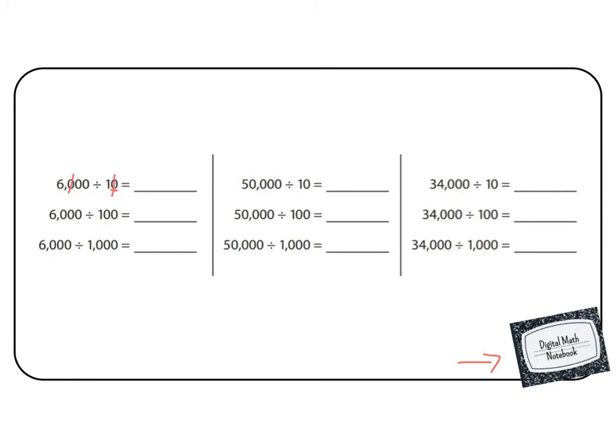That means that I have 2 zeros left, so my answer is going to be 600. Because if I think about how many times 10 goes into 60, so if I say 60 divided by 10, that's going to be 6, right? So that's where that 6 comes from, and then I'm left over with these 2 zeros, and I can't just ignore them, so they have to be part of my answer.